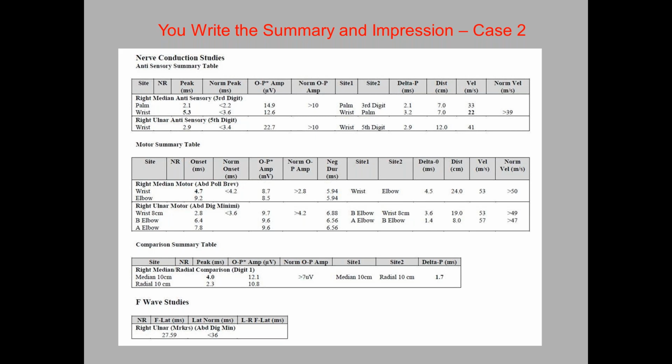Okay. Well, he has an excerpt that he uses in the beginning of all his sensory and motor tests: selected upper extremity sensory and motor nerves were tested in the right upper extremity.